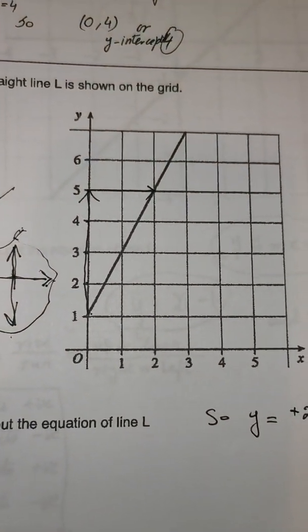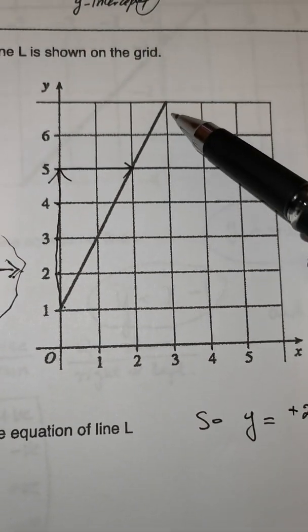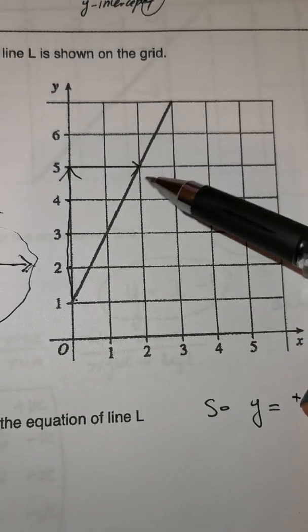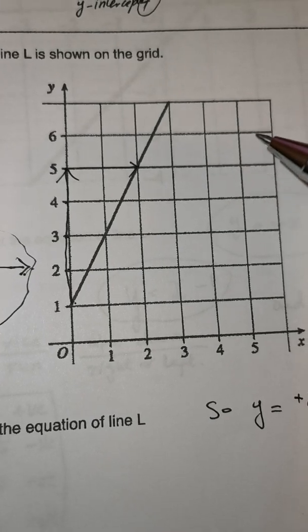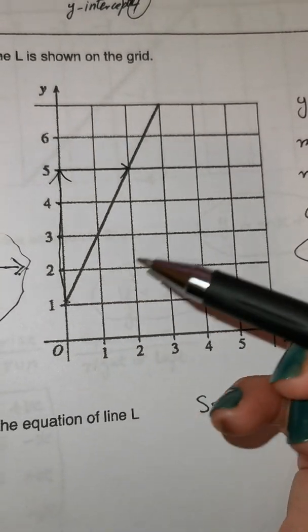Now we will see how we can find the slope. This is a simple line. To find the value of y, or rise and run, first of all we will do a little tricky thing.